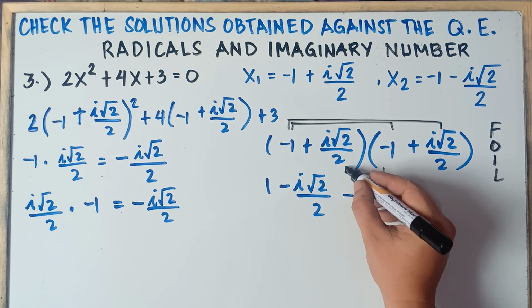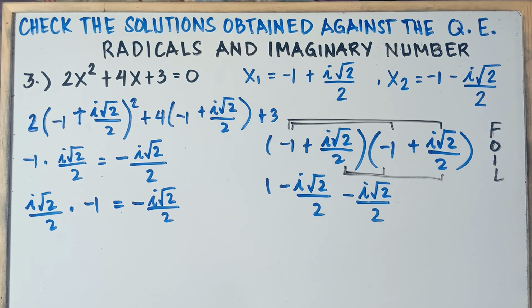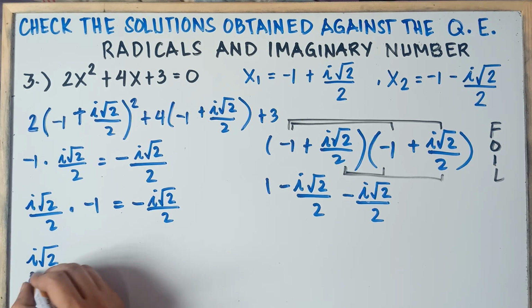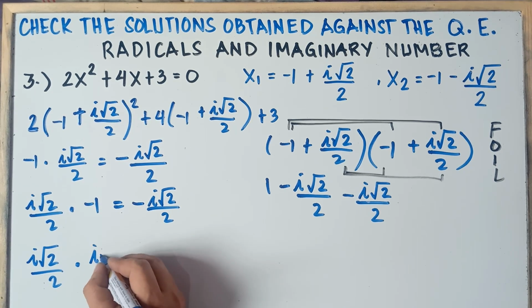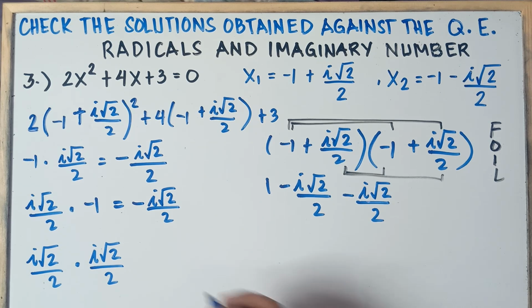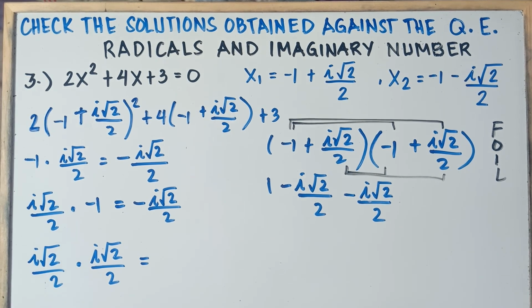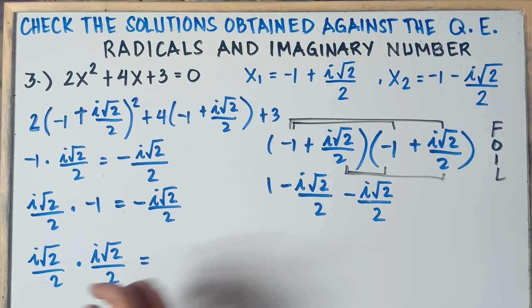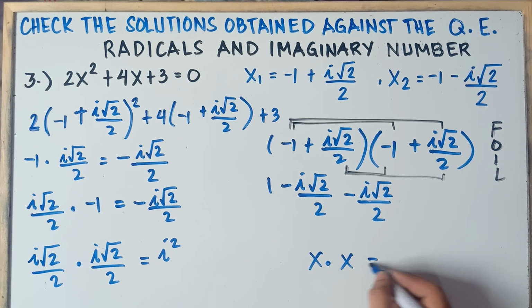Alright, and then last, this one, class. So i√2/2 times i√2/2. Once again, class, do it step by step. So i times i, that is i squared. It's like multiplying variables, class. Example, x times x.